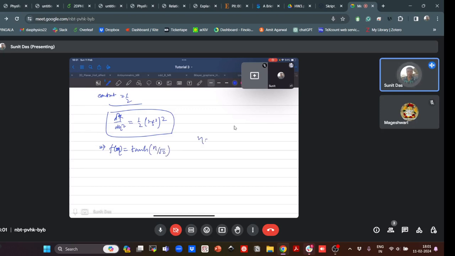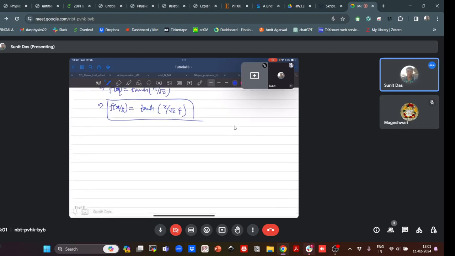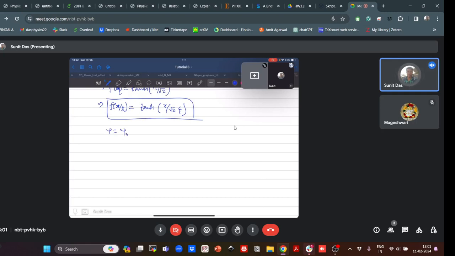So again plugging in the eta expression, eta was x by xi, so f of x by xi equals tan hyperbolic x by root 2 xi, right? Then the order parameter is psi equal to psi 0, the spatially independent part, times tan hyperbolic x by root 2 xi.